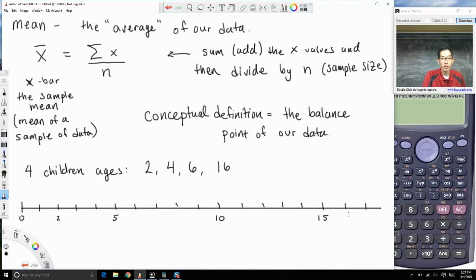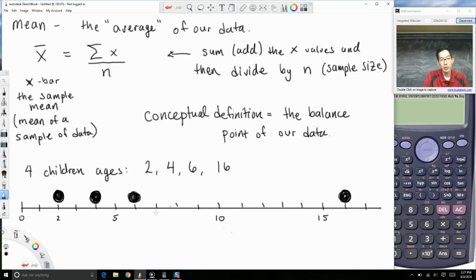So for the dot plot, I'm going to draw these fat dots on each of these data points to kind of emphasize what I'm talking about. So 2, 4, 6, and 16. Okay? So imagine these are big stones or big rocks on a board here.